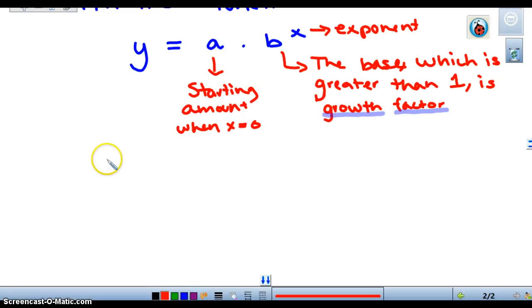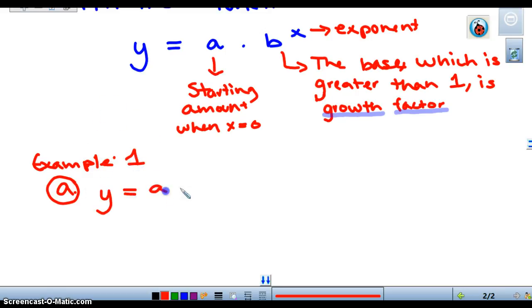So if we look at this first equation, write an equation to model the cost of hospital care. Okay, so we would say y equals a times b to the x power.